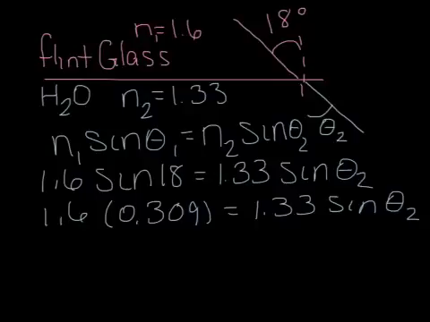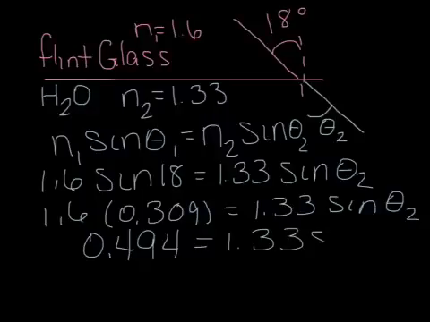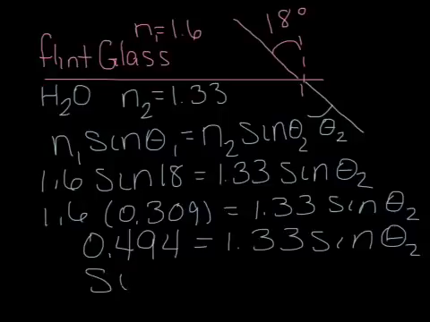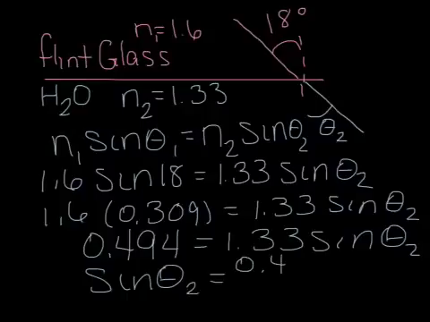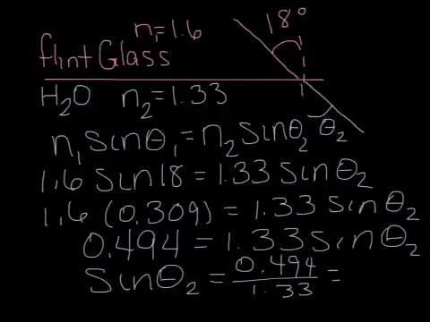1.6 times 0.309 is 0.494, and that equals 1.33 sine theta 2. Divide both sides by 1.33. That gives us the sine of theta 2 is equal to 0.494 divided by 1.33, which equals 0.37.